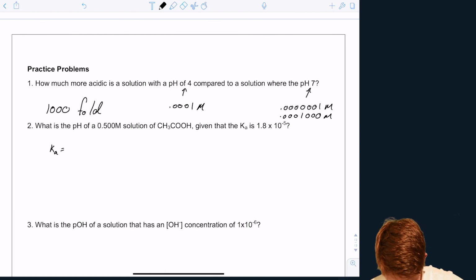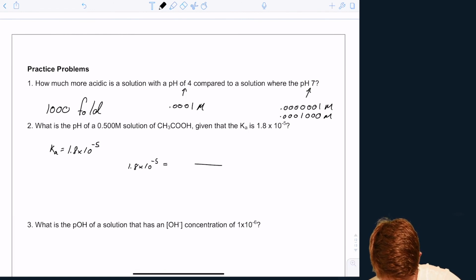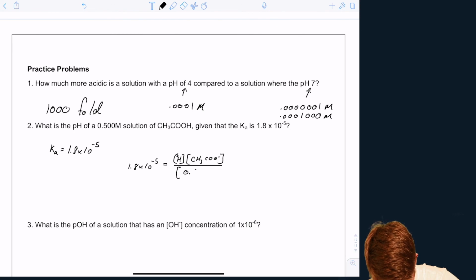If I know the Ka, which is 1.8 times 10 to the negative 5, then that is equal to my dissociated CH3COOH, which will be H plus and CH3COO minus, over the concentration of CH3COOH, which is 0.5 molar.